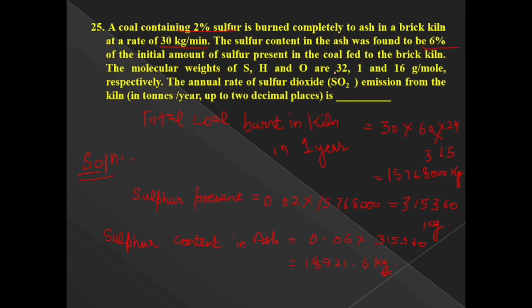So sulfur oxidized into sulfur dioxide SO2 is equal to 0.94 into 315,360, and that is equal to 296,438.40 kilogram. Now from here this 0.94 comes.